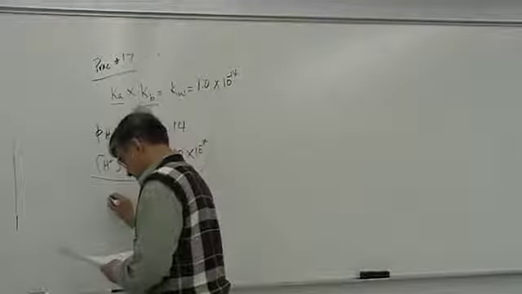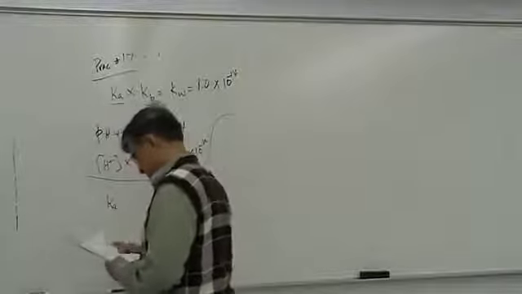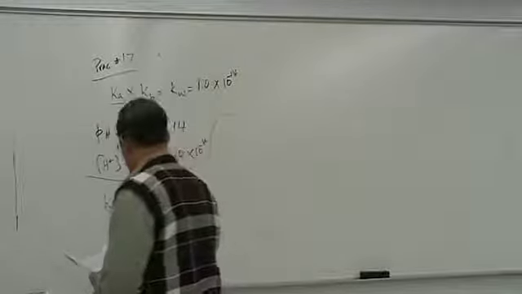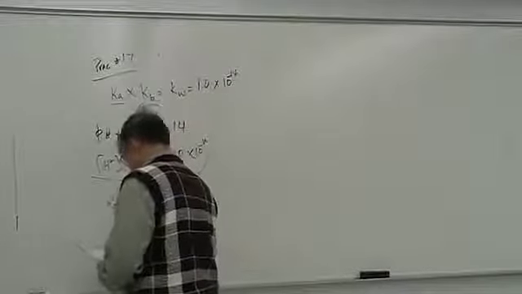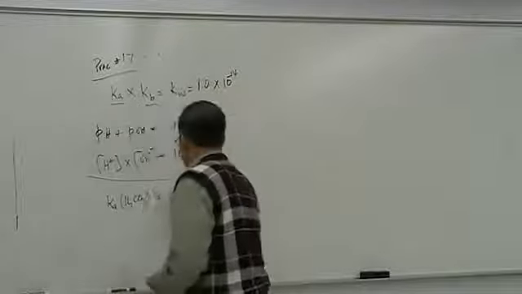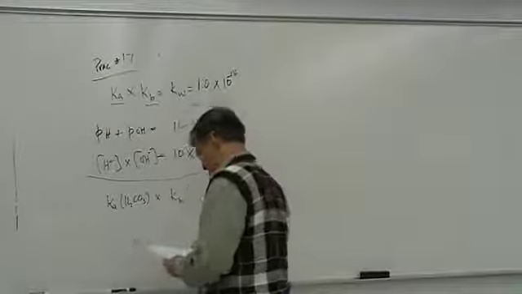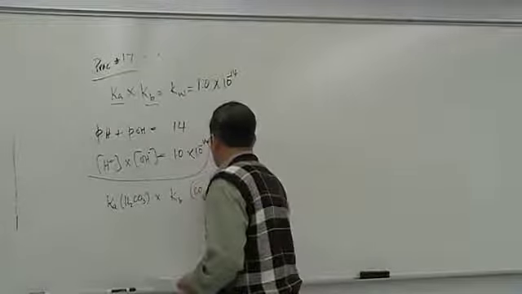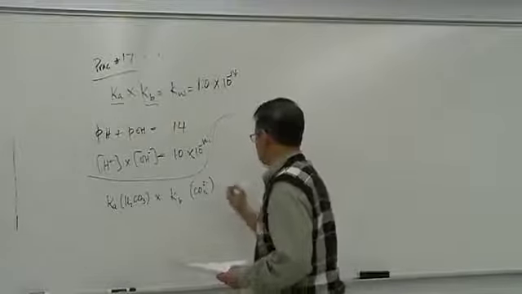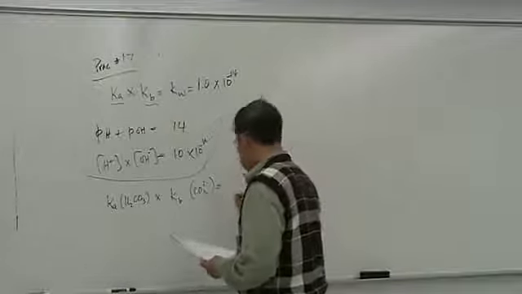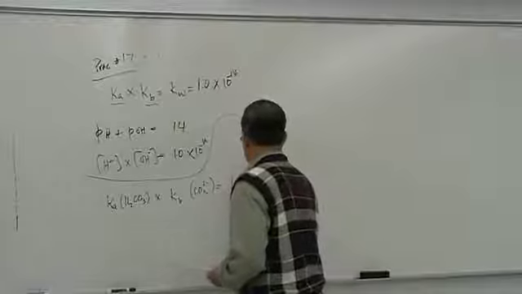First case, say Ka of H2CO3 times Kb of CO3 2 minus. If this question is given to you in an exam, is it right to write this as 1.0 times 10 to the negative 14?